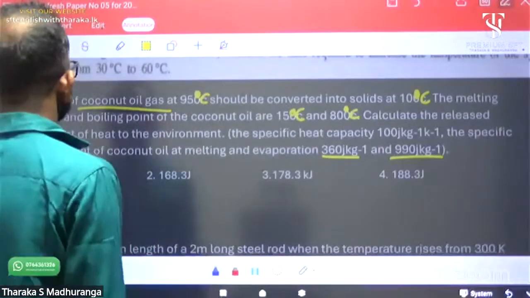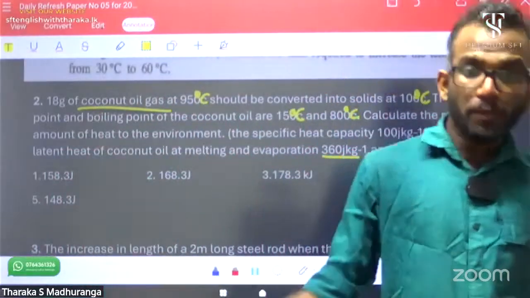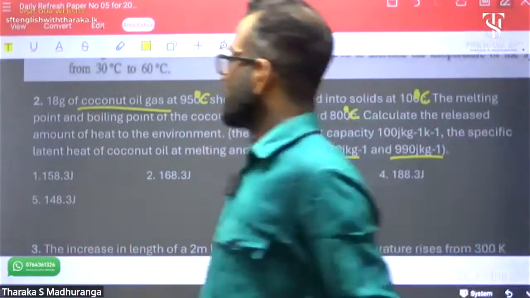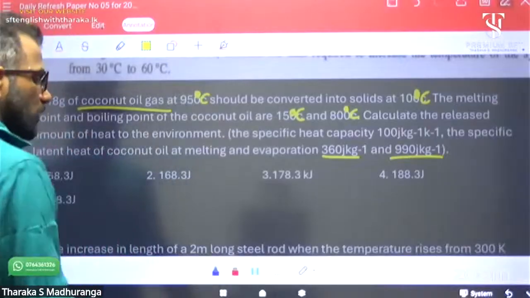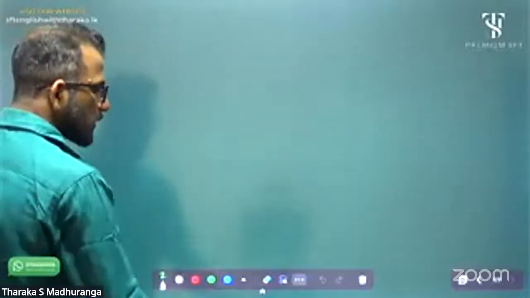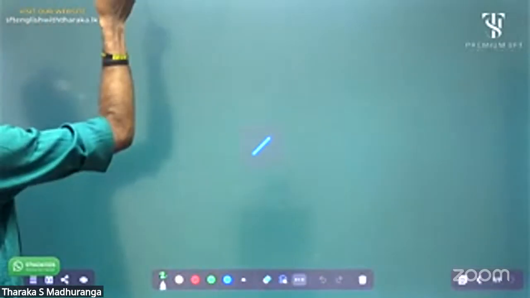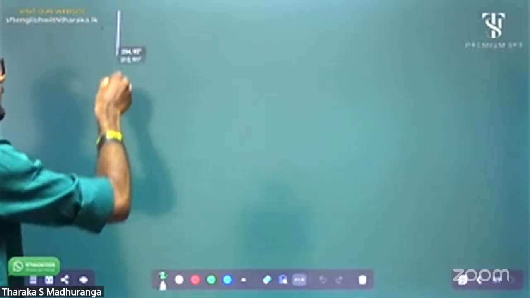Let's see. Okay, do you remember in the heat lesson we discussed thermal curves? Before we start, it's a graphical representation of temperature change with time.